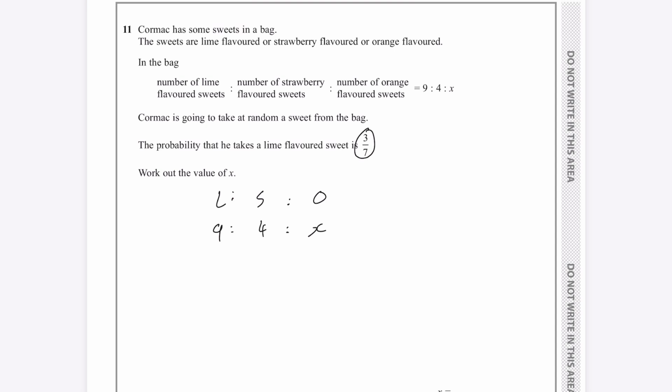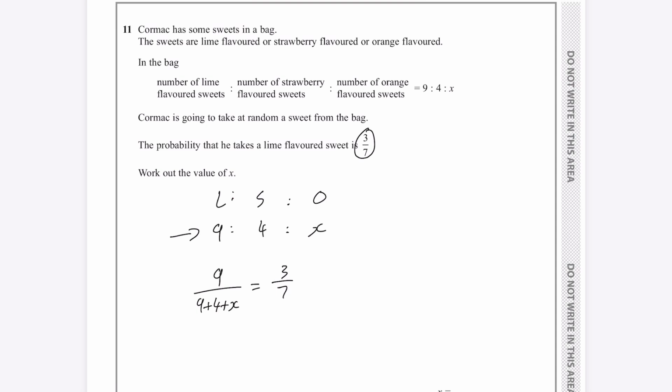Now we've been given the ratios in the bag, so we know that if you were to write this as a probability, that would be 9 over the total, and in this case the total is 9 plus 4 plus X. But we've been given the probability of lime as 3/7, so we know that this equals 3/7.